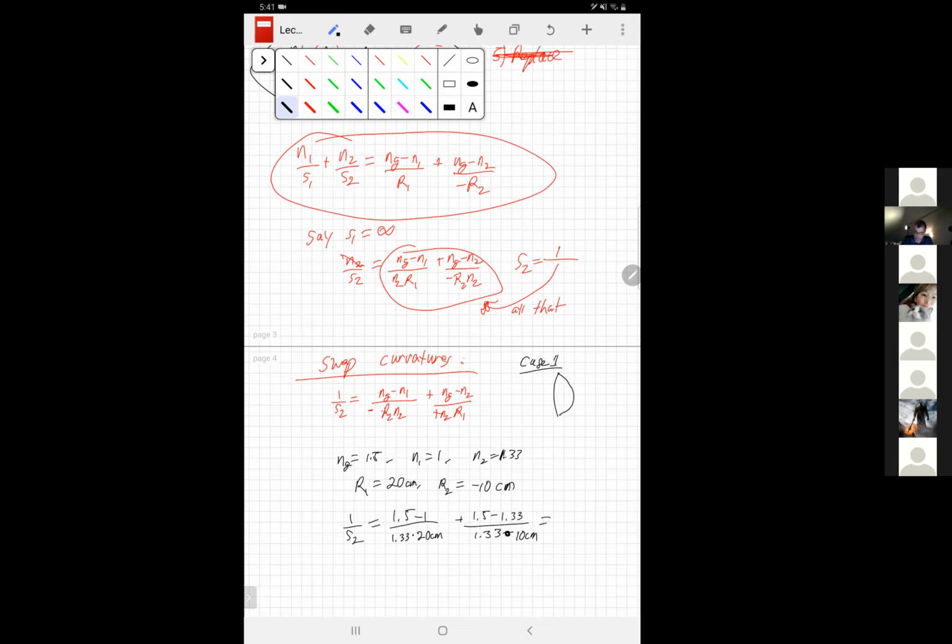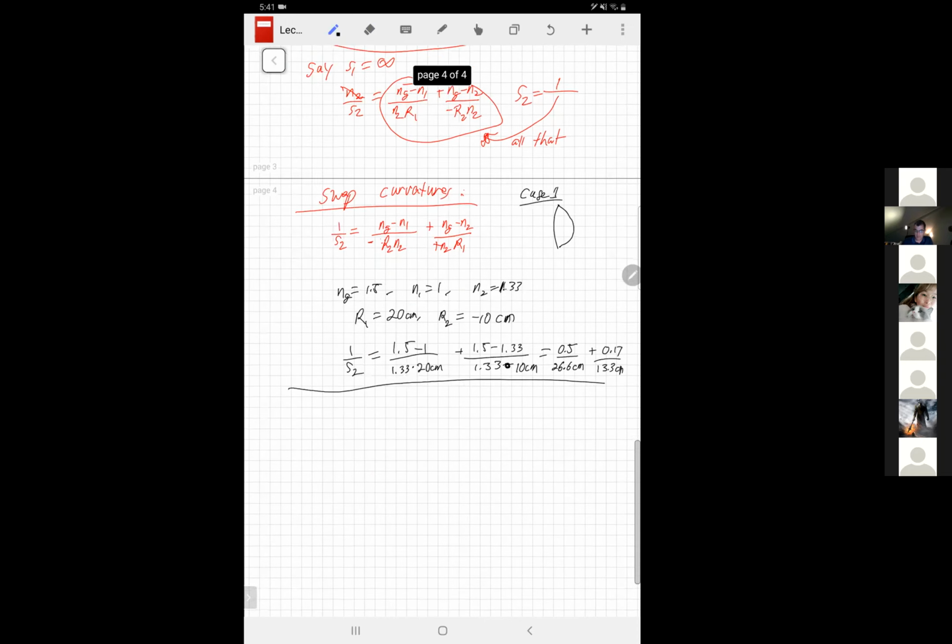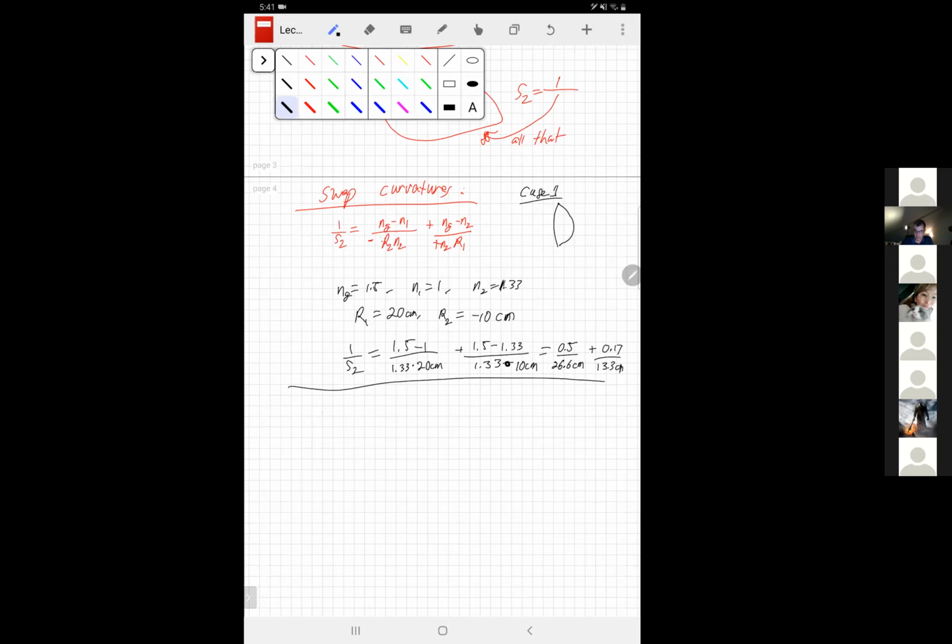So we've got 0.5 over 20 times 1.33, well, 20 times 1 is 20. 2 times 0.33 is 0.66, multiplied by 10, and we got 6.6, so 26.6 centimeters plus 0.17 over 13.3 centimeters. Somebody can run that through a calculator.